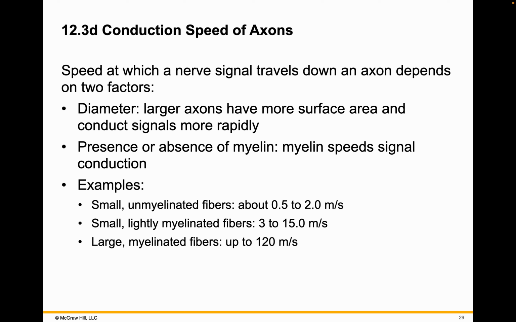Myelin actually speeds up signal conduction. So we could have small unmyelinated fibers that would transmit their signal between 0.5 and 2 meters per second. Small, lightly myelinated fibers between 3 and 15 meters per second, and large myelinated fibers can fire at a rate of up to 120 meters per second.